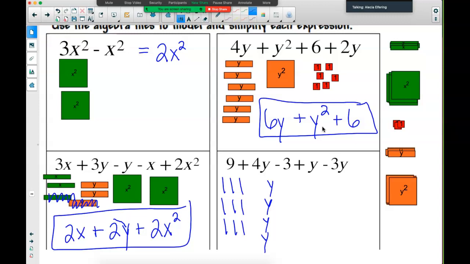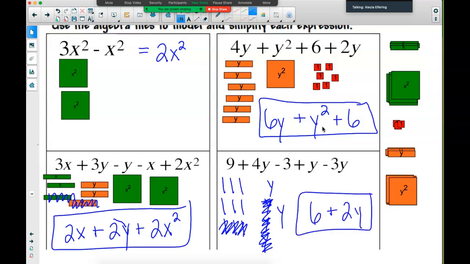Take away 3 of the ones, so I cross those out. Okay, plus y. What do I do with the plus y? Jada? Put a y in there, so we need another y. And then minus 3y. Take away 3 of the y's. So our final answer is 6 plus 2y. Done.